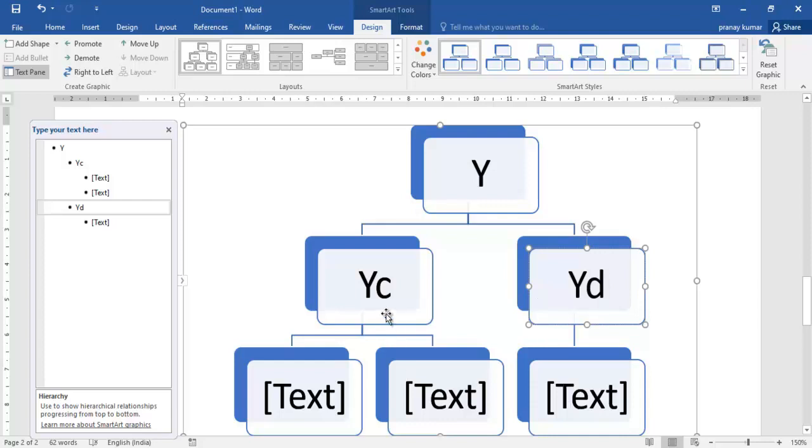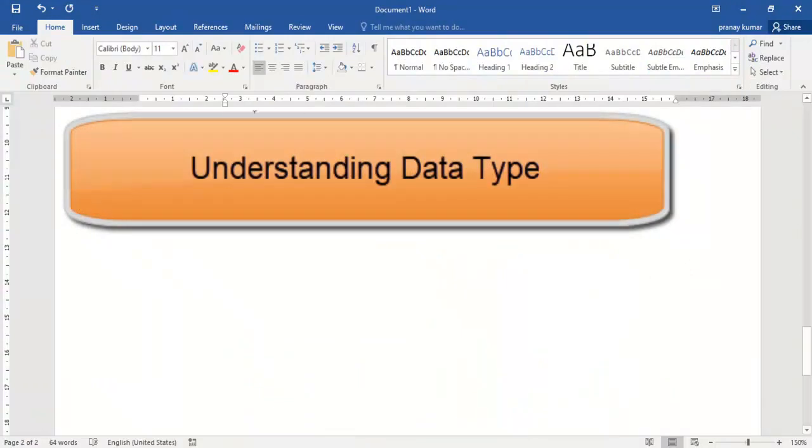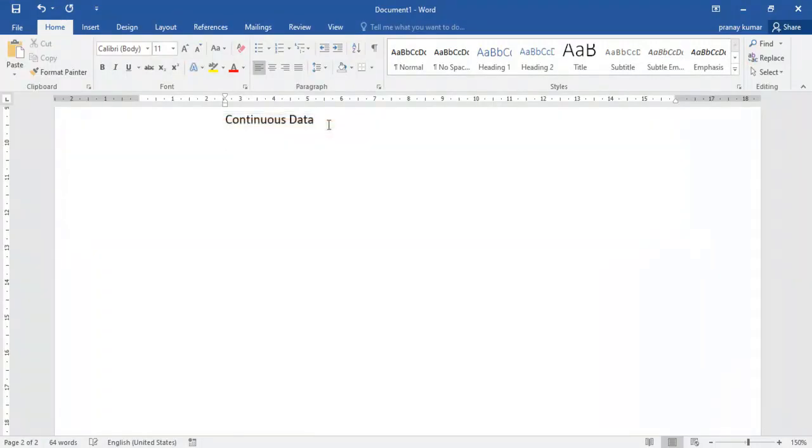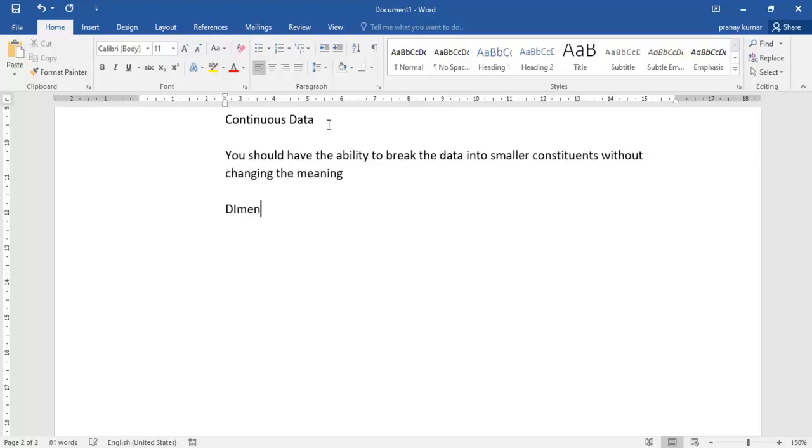You must realize that when your Y is continuous, you should have the ability to break the data into smaller constituents without changing the meaning. Mostly, dimensional data will be continuous. Another attribute you will see with continuous data is that it will always have a unit.